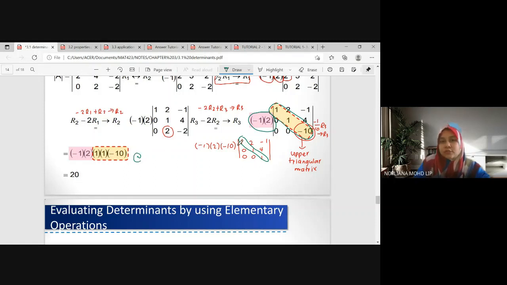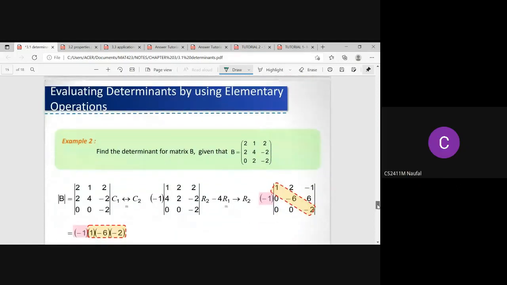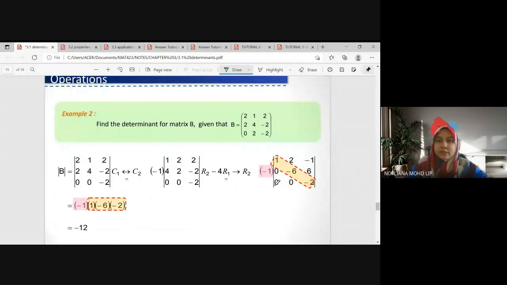Ataupun kat sini, untuk yang ni, kita akan dapat negative 1 times 2 times negative 10 times main diagonal is equal to 1. Is also equal to 20. Okay, boleh yang ni? Boleh. Boleh.